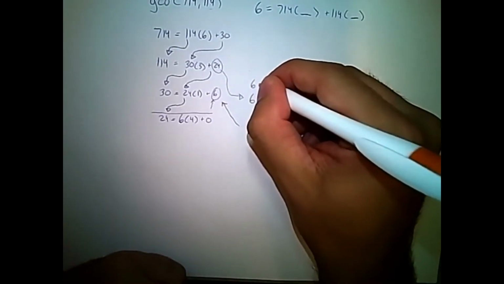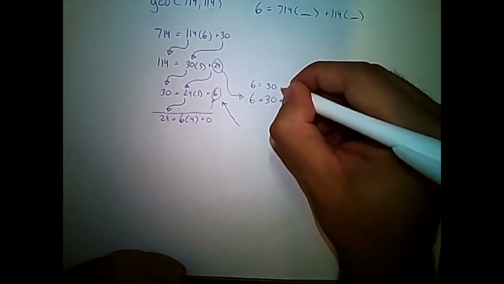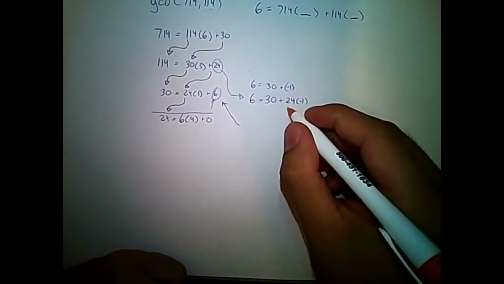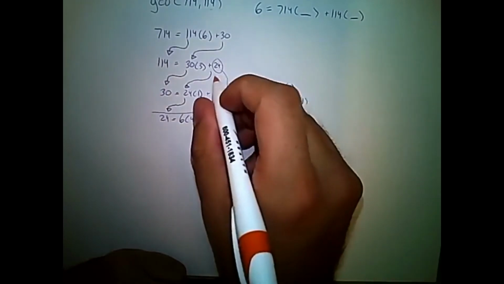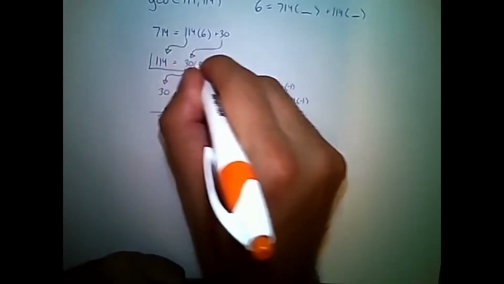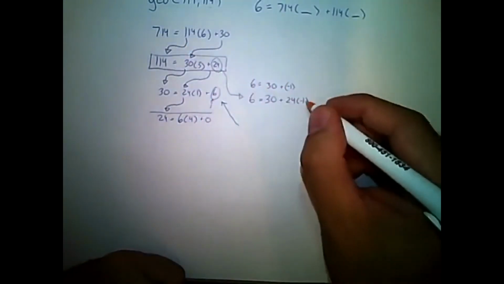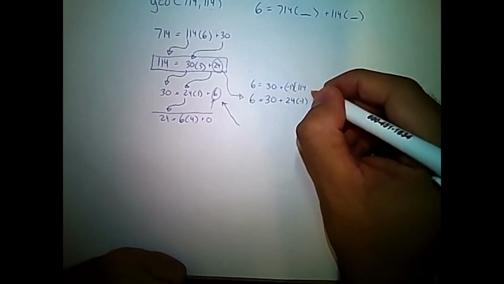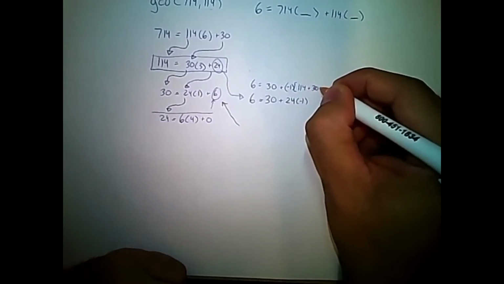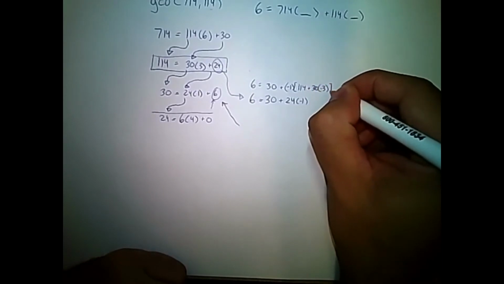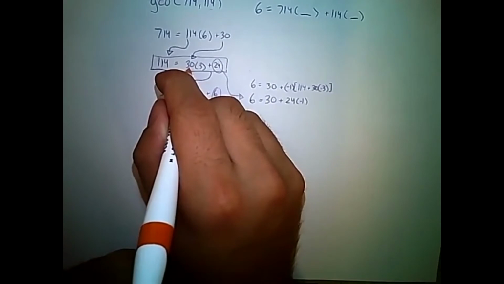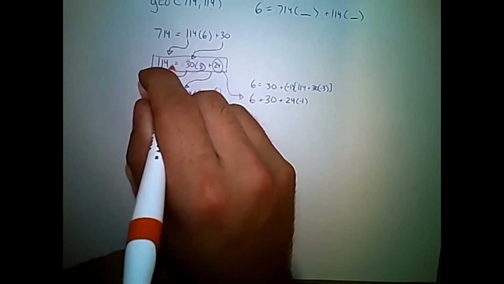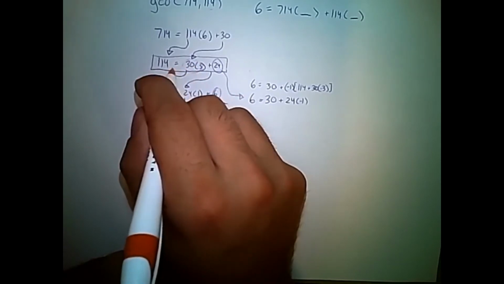So if I say 6 equals 30 plus, we have a minus 1 out here, I'm just going to pull it out front, and 24, if I'm focusing on this equation here, is equal to 114, and we're going to use that same trick of plus 30 times negative 3. I know that went a little bit fast, but I'm essentially moving this 30 times 3 over to the other side of the equation, so we just need to subtract.